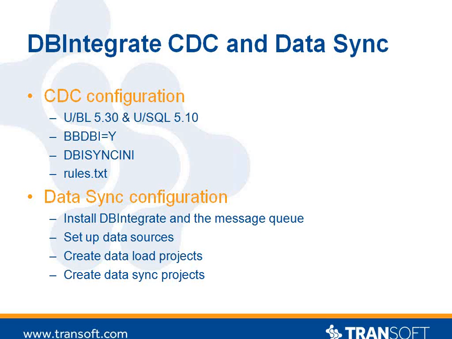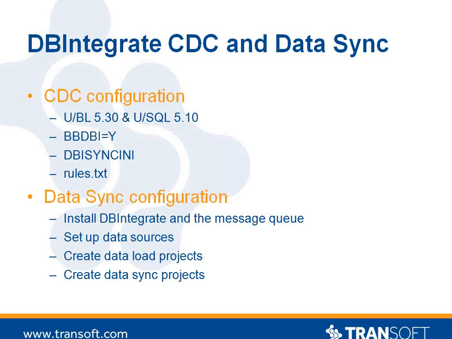So to set up data sync, what you need to do is upgrade to UBL 5.30 and USQL 5.10. Make sure you can access your UBL data files via USQL. Then set the environment variable bbdbi to y in your BBM. There is some configuration to set up in the dbsync ini file. This mostly consists of details of where the message queue resides.